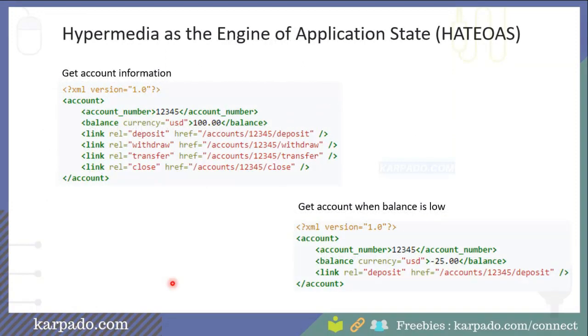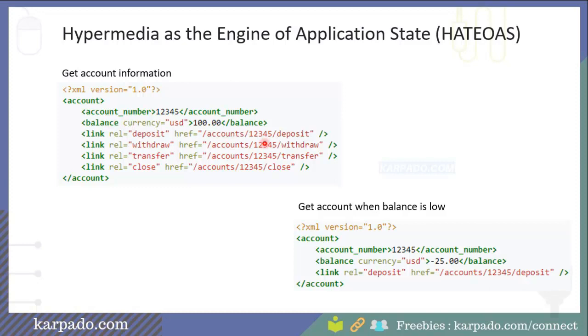So here is a quick example of hypermedia as the engine of application state. When we get into examples, we'll understand this even better, but here is roughly what it is. Whenever you're trying to, say, retrieve the account information of a person based on the account number, you're not only going to get how much balance is left, but the server has also responded with a bunch of links using which the client can take action.